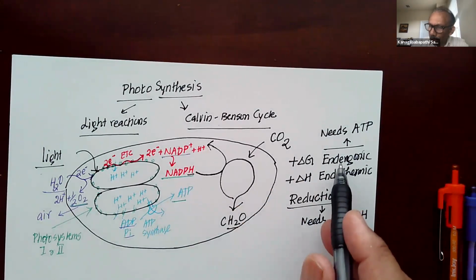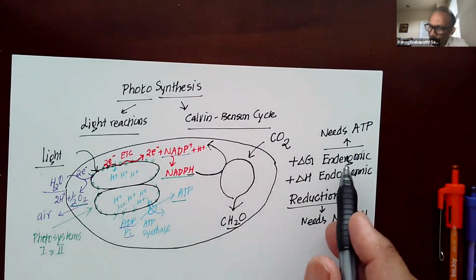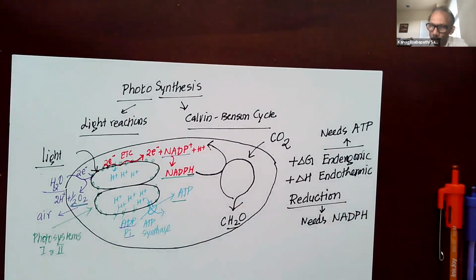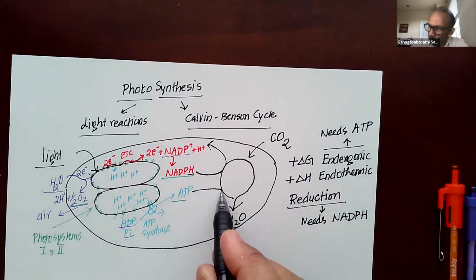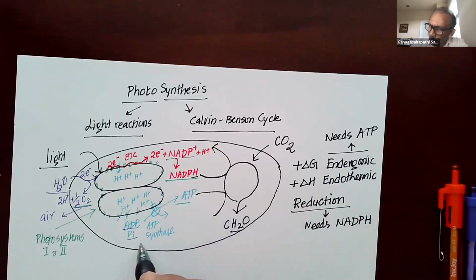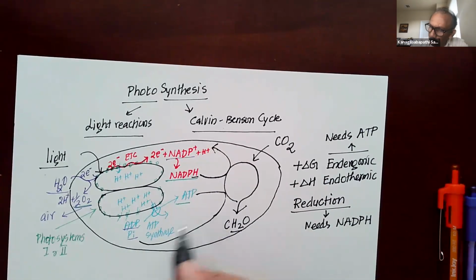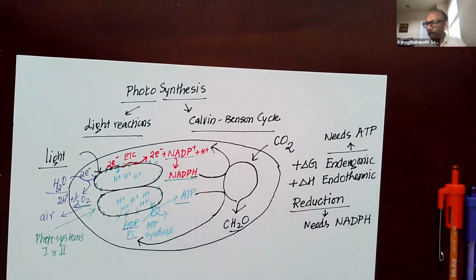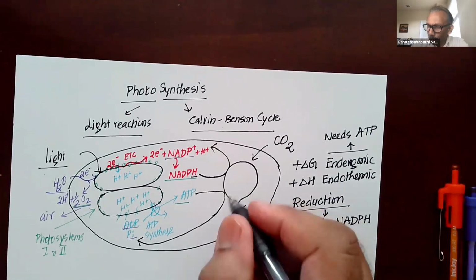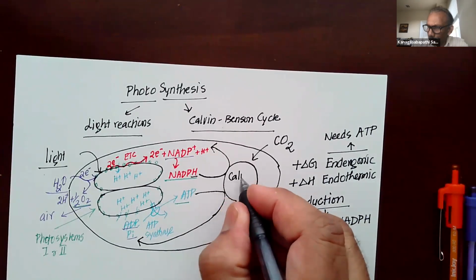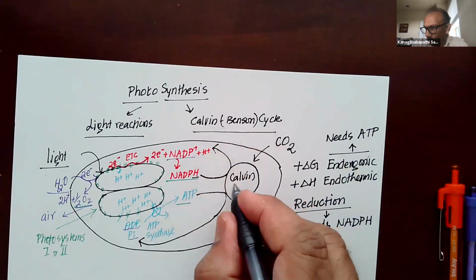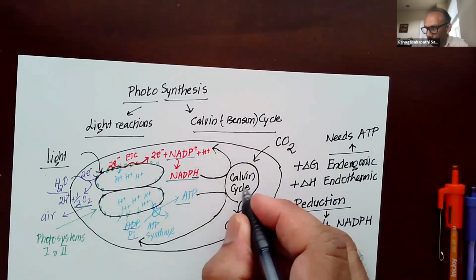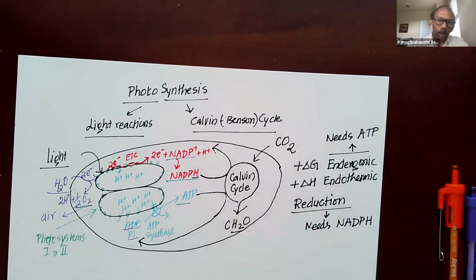Because this is an endergonic process, it needs energy to happen. The ATP goes into the Calvin cycle and becomes ADP and Pi. So this is the Calvin cycle, and I'm going to put this in parentheses. So many times people just say Calvin cycle. Okay. Any question up to this point?